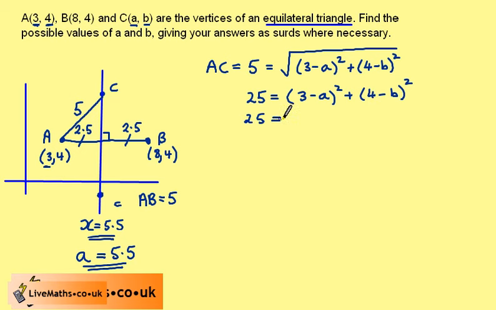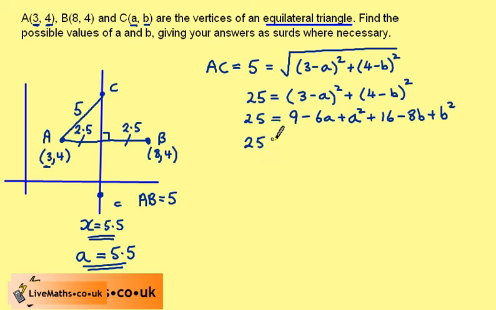So 25 is going to be equal to 9 minus 6a plus a squared plus 16 minus 8b plus b squared.